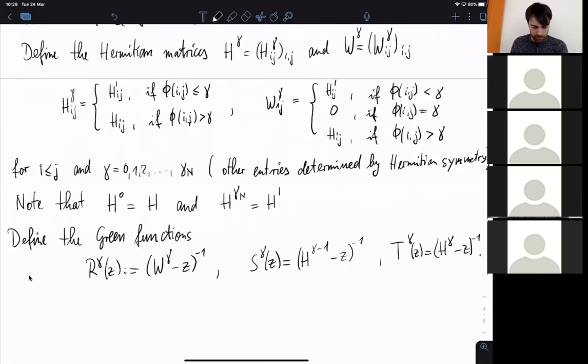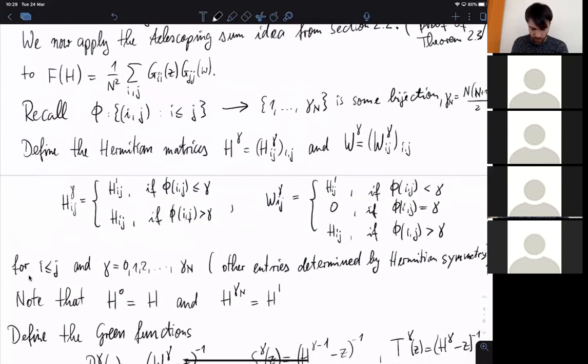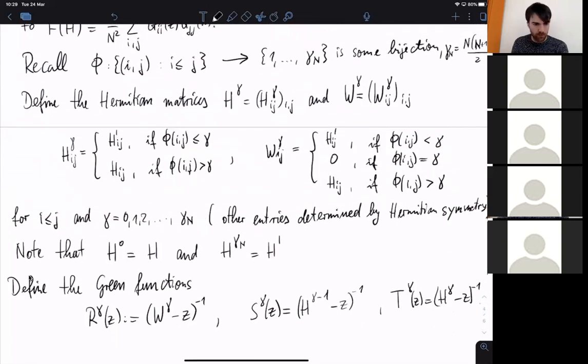And then, maybe you can now take another picture. What I still want to tell you is that you might say that S of gamma plus 1 is the same as T gamma. That's correct. But for our proof, it will be helpful to have both of these notations, because they will come in at the same place.